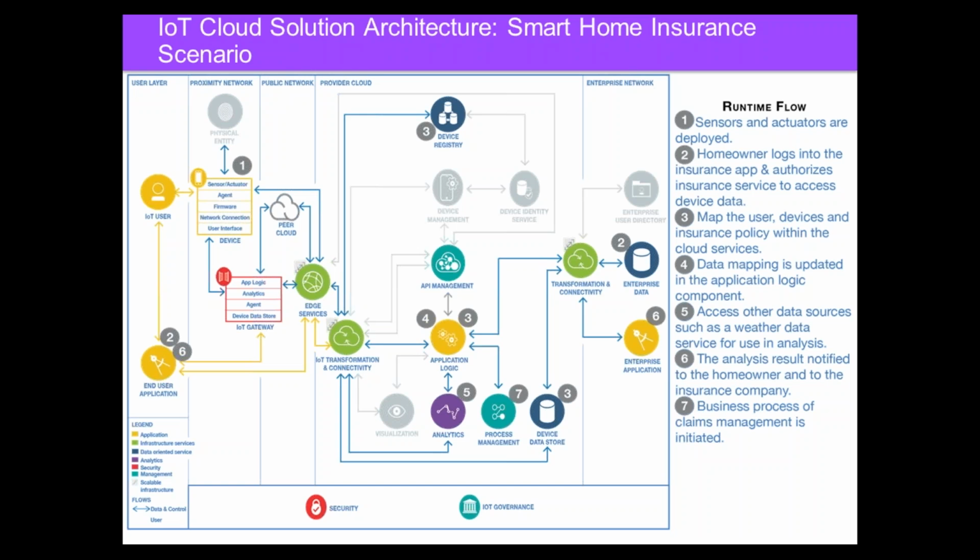So analytics can determine, based on the data pulled, that there is a possible water leak. So number 6 is alerts: a notification can be sent to the homeowners and also the insurance company, which is an enterprise application on the right-hand side.